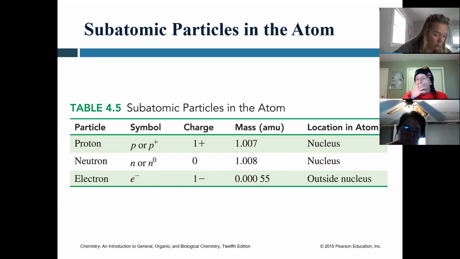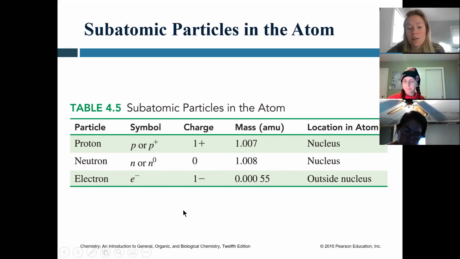There's only 3 of them that you need to know. You can break protons, neutrons and electrons down into even smaller subatomic particles, called quarks, and they start doing crazy funky things. So that leads more into physics.